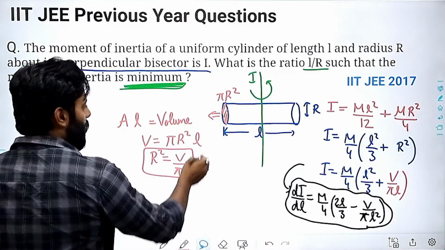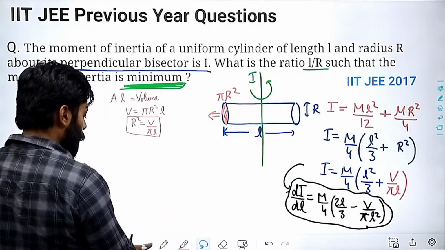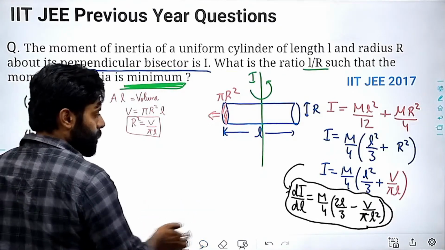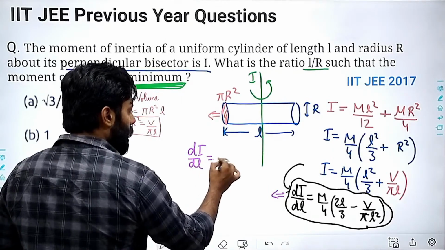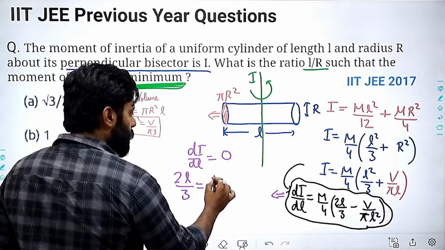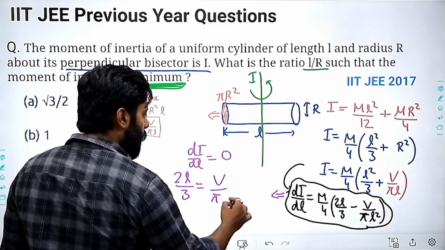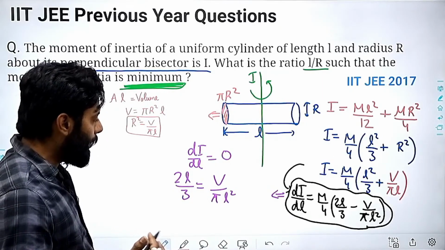So if I am substituting dI by dL equal to 0, I'll be getting 2L by 3 is equal to V upon pi L square.